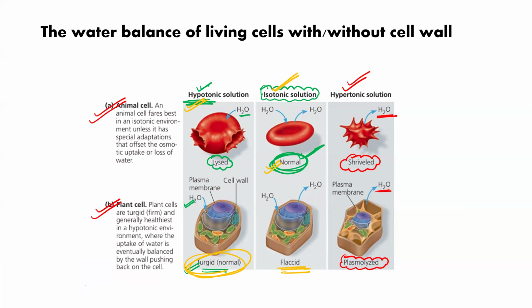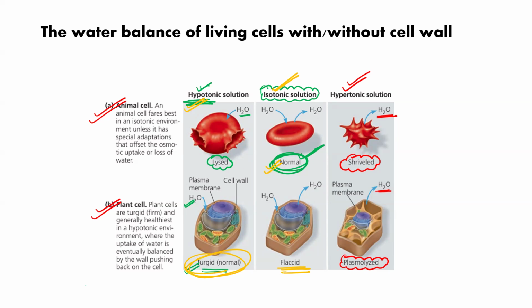Let me wind up once again. It is a type of diffusion in which water molecules move from their high concentration to their low concentration. Let us assume two beakers. One beaker has solute, and another beaker also has solute. In the beaker with less solute, the water concentration will be high, so water moves freely.